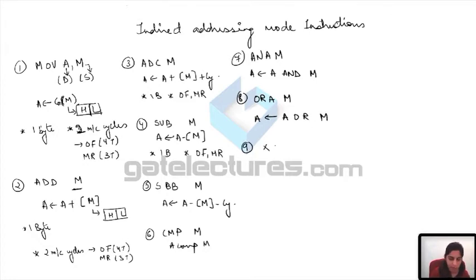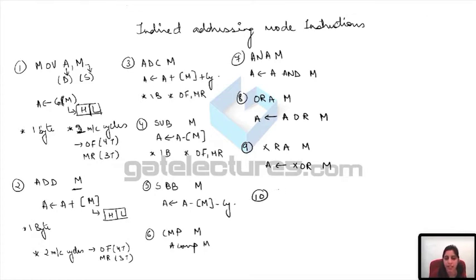And next we have XRA M. So these are all the instructions that we are having: ADD M, ADC M, SUB M, subtract with borrow, compare, AND, OR, XOR. All these are going to be 1 byte long instructions and having 2 machine cycles, opcode fetch and memory read. Then we have some instructions for memory writing.